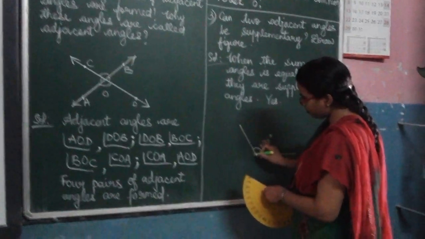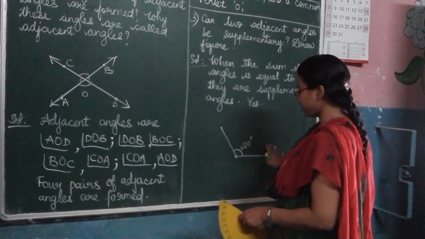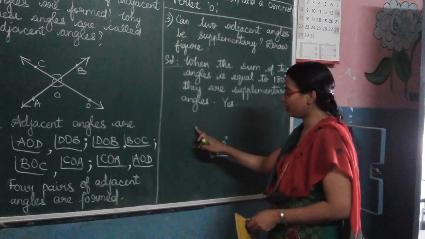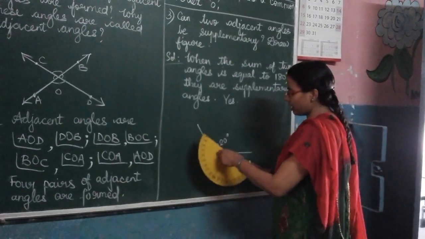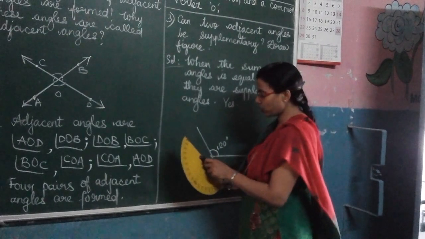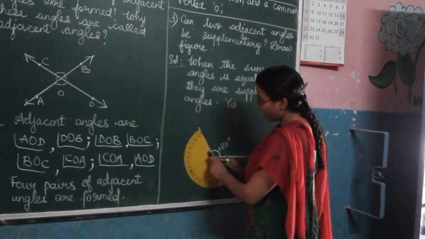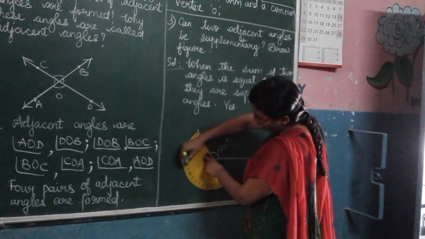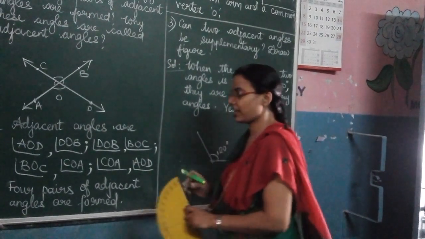Now this becomes the base of your angle. This is the first angle that we have drawn. Now we are going to take this as the base and draw the other angle. You need to rotate the protractor, keep the center of the protractor and then mark the angle 60 degrees.